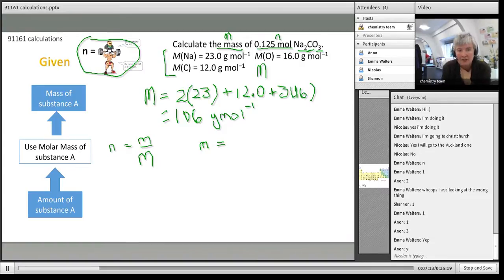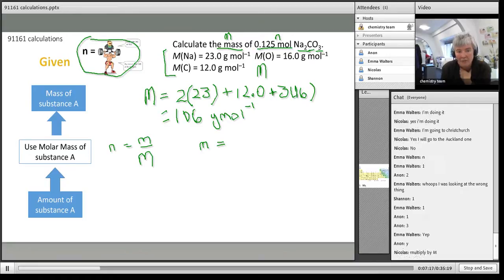So I want to get rid of this big M, so what do I do with it? You multiply, because you multiply both sides of the equation. So if I multiply this by M, you can see that'll cancel, so I've got to multiply that side by M. So that's going to be equal to N times big M, so it's going to be 125.